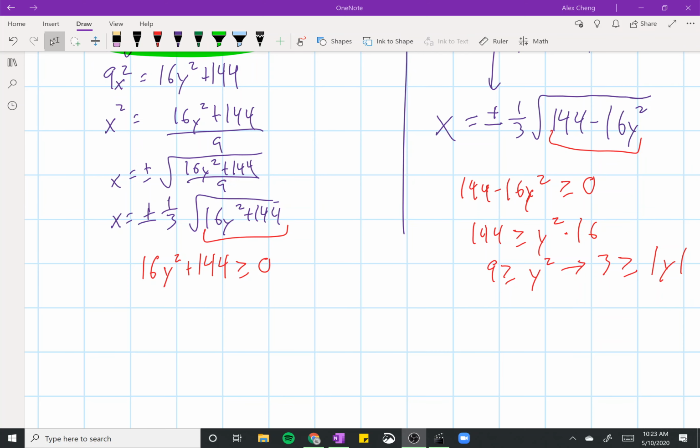If you notice here, we need the inside of the square root to be greater than or equal to 0. If you look at this 144 chunk, well, 144 is already a positive number. And 16y squared, no matter what y value you plug into it, when you square it, it's going to be positive, unless it's 0, in which case you'll get 0. So this piece is already positive or 0.